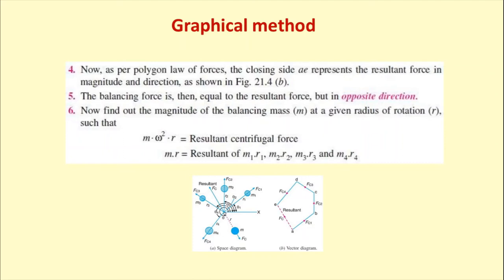Finally this diagram will end at point E, so it will be an incomplete diagram. In order to get the resultant unbalanced centrifugal force, we have to connect a straight line from point A to point E. This line represents the resultant unbalanced force.